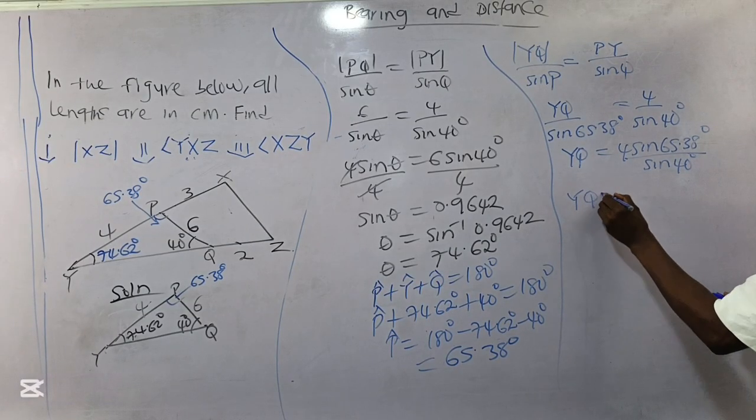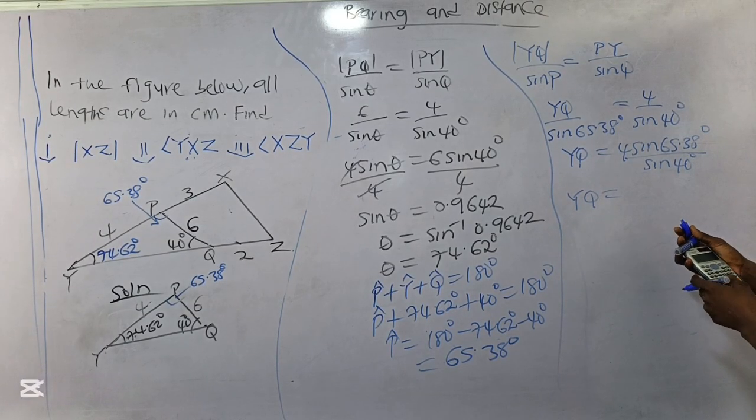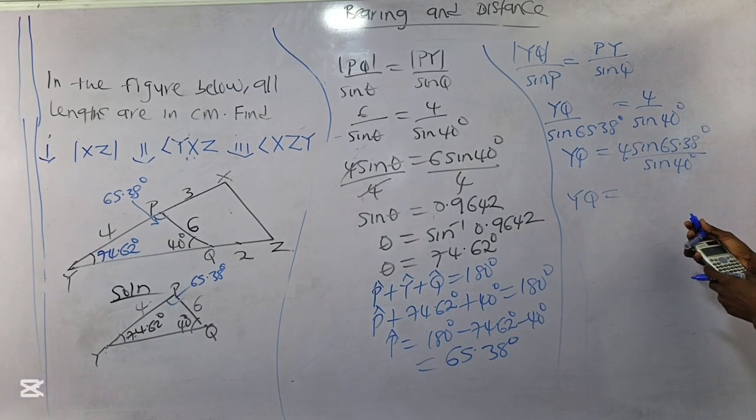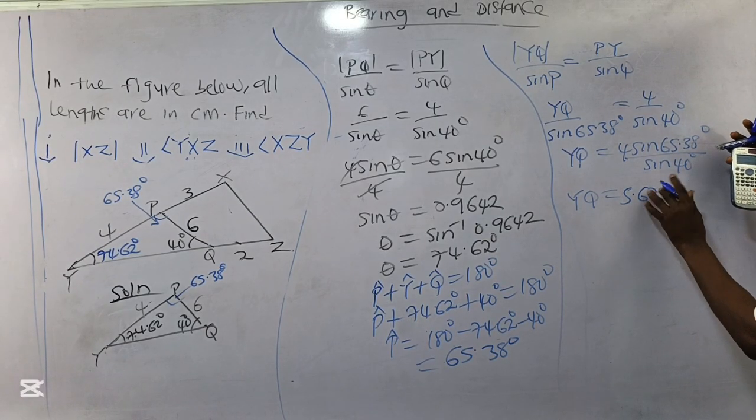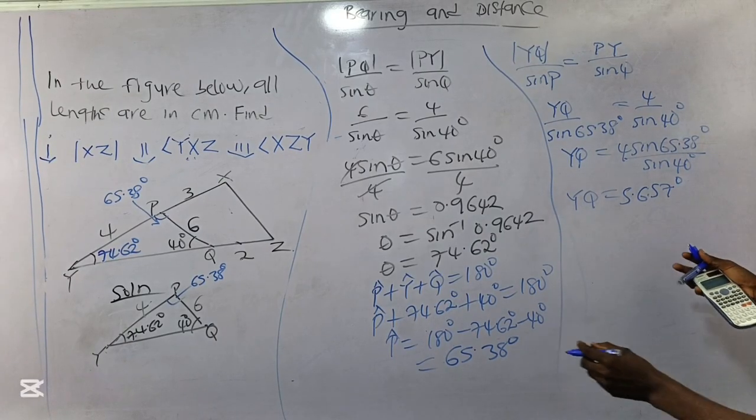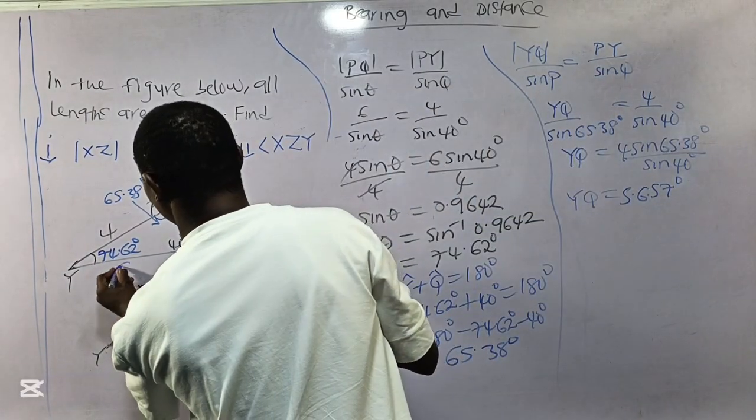So my YQ will be equals to 4 sine 65.38 divided by sine 40, giving me 5.657.